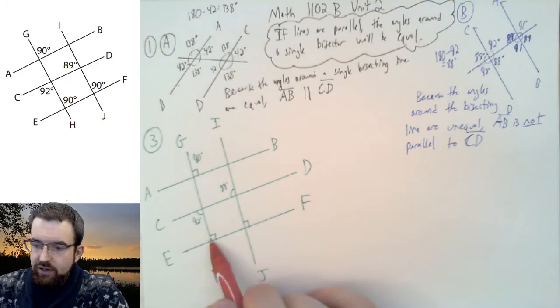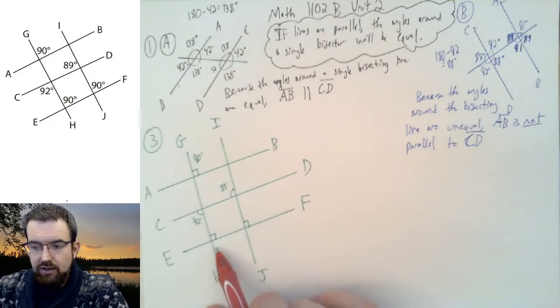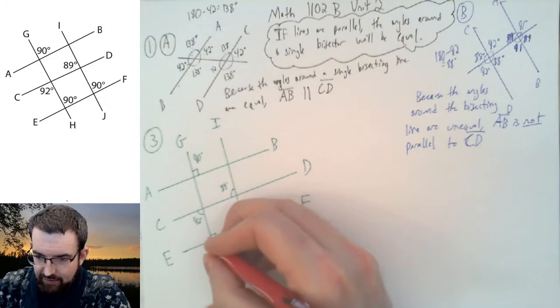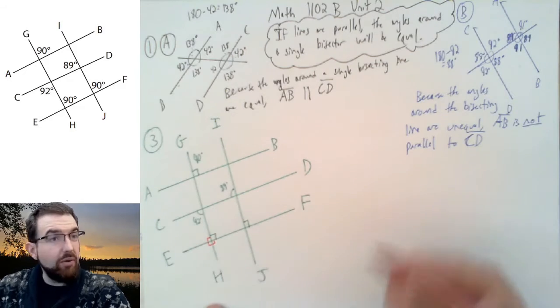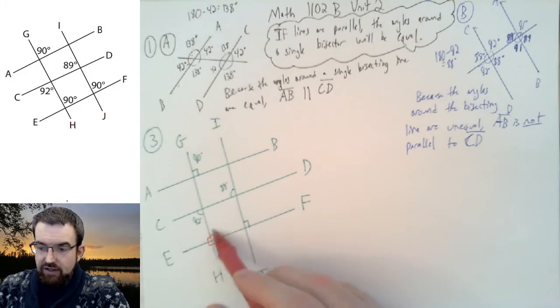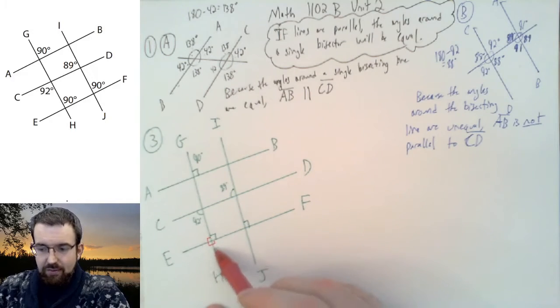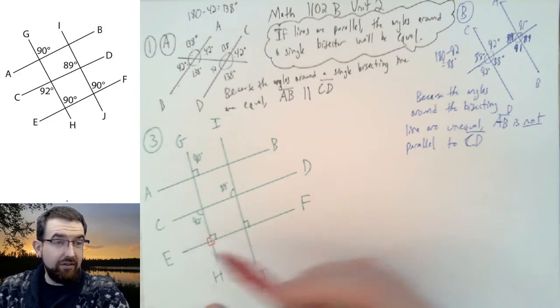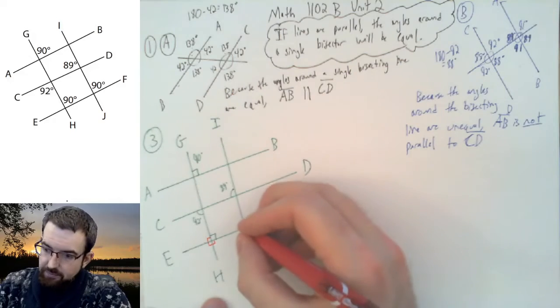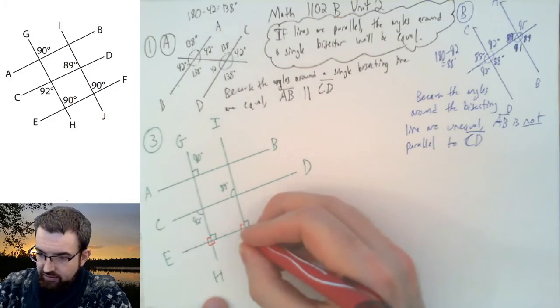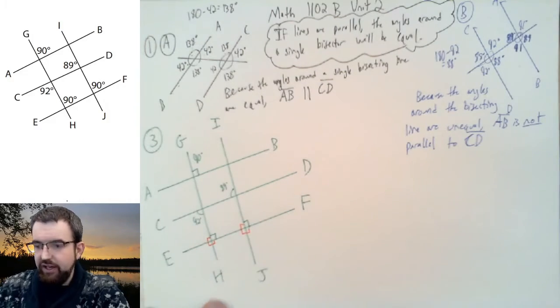So we know that if this angle is 90, we can determine that all these other angles here, this one has to be 90, this one has to be 90, and this one has to be 90. How can we do that? Well, we know that these two together have to make 180, so this one has to be 90 as well. Then by the same property, we can get all the rest of them. There are loads of ways we can do that. And by the same token, this is 90, this is 90, and this is 90.